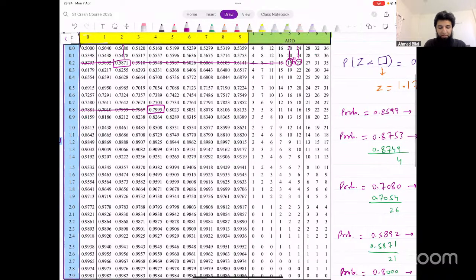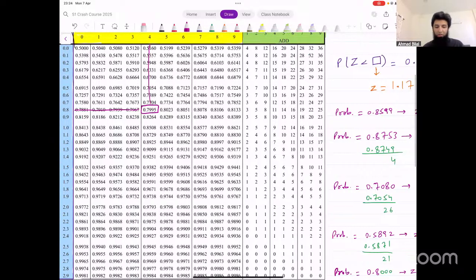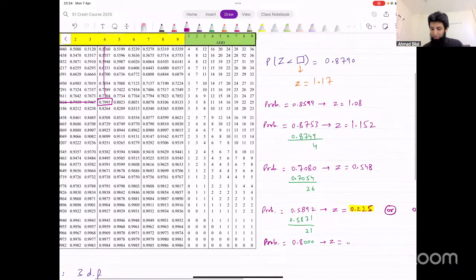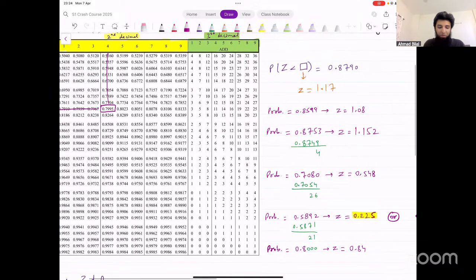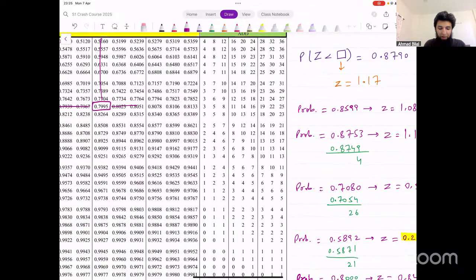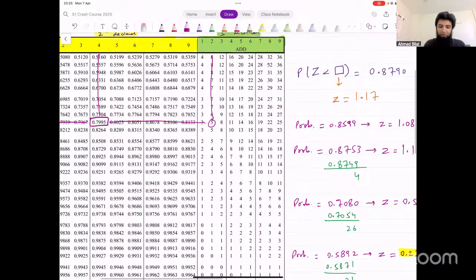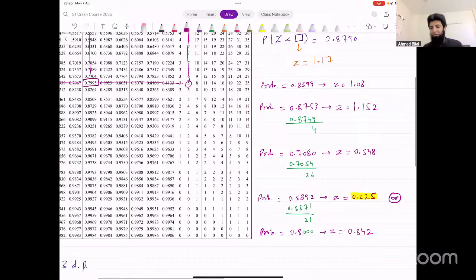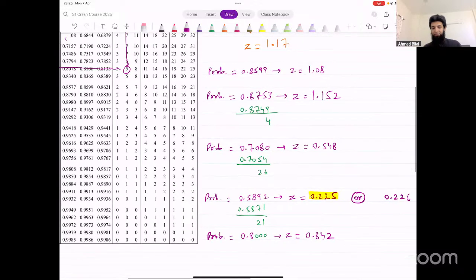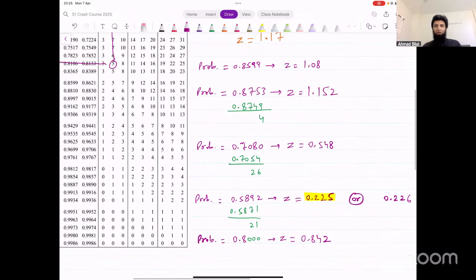We got 0.8 on the left side and 4 as the second decimal. It becomes 0.84. And then how much more do we have to add here? We have to add 5 more. This is 5. And that gives us 2. So it's 0.842. That's the z value that we get in this case. All right. So this is how we read the table in the reverse order.